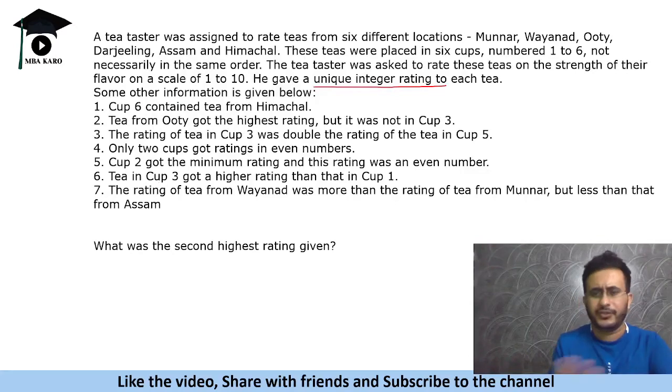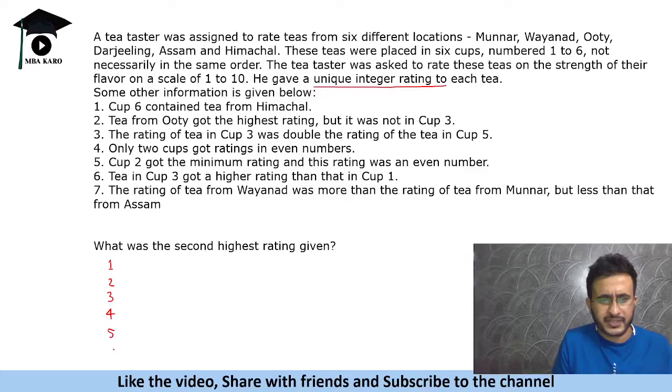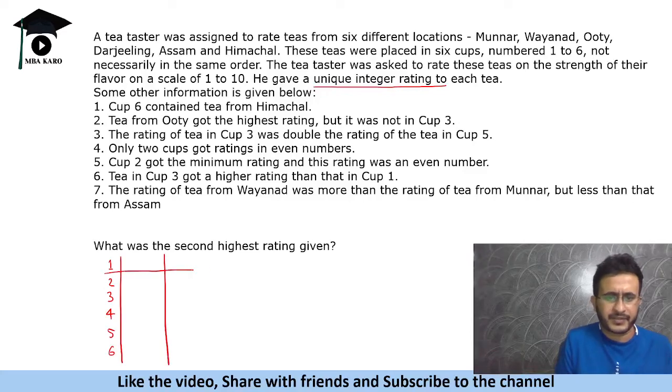So let us do one thing, we'll make a table out of it. One column is your cup number, one is tea, from which place, and the third one let's make of rating. Cups 1 2 3 4 5 6, and they are given certain place and the rating.